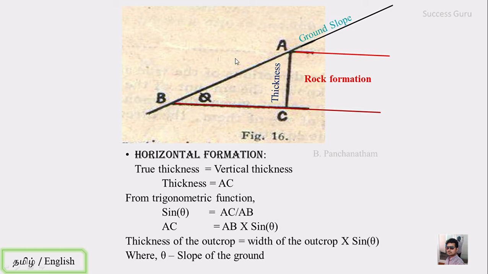So if you know the width of the outcrop, you can simply find the true thickness of a horizontal formation using this formula: thickness of the rock is equal to width of the outcrop times sine theta, where theta is the slope of the ground. In a sloping ground, if you know the slope angle and the width of the outcrop, you can calculate the thickness of the horizontal formation. I think this is clear for you, right?